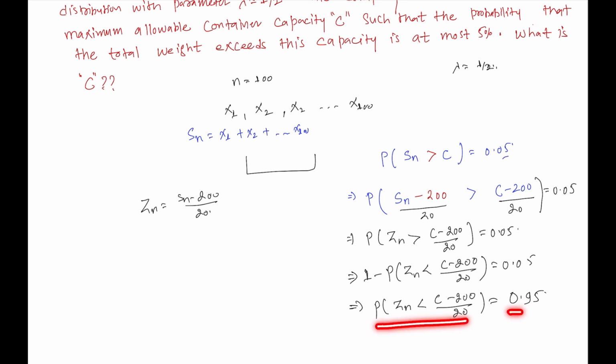This probability equals 0.95 for what argument? We can write this probability as the CDF calculated at the value C minus 200 divided by 20. So what value of this argument gives probability 0.95? We can simply look at the normal distribution table and find for what value this probability will be equal to 0.95.